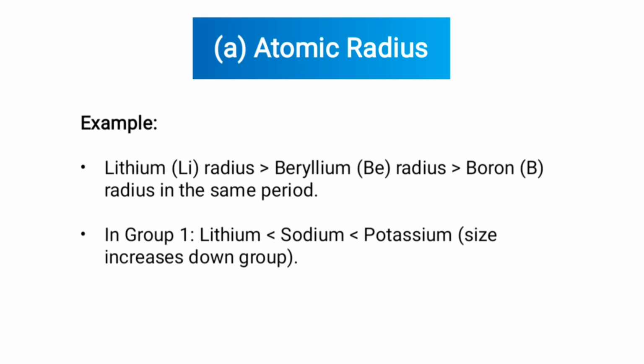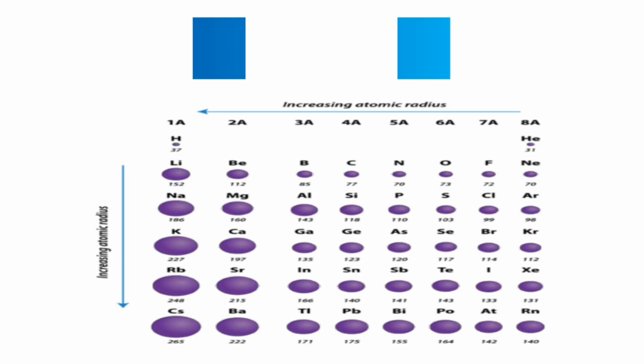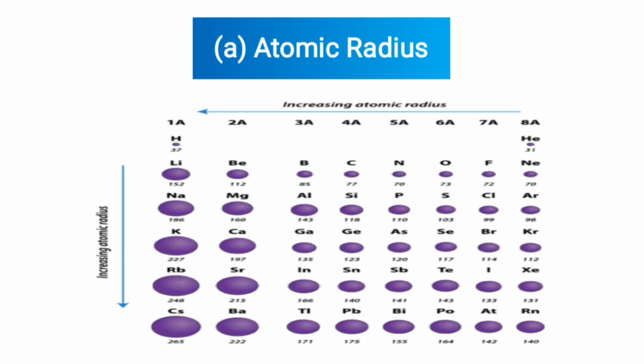And in group 1, lithium is less than sodium, which is less than potassium, so size increases down a group. See, this is atomic radius: it increases from top to bottom in a group and decreases across a period from left to right.